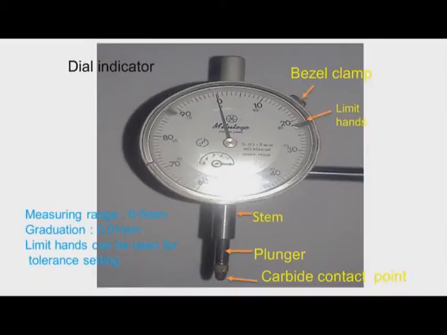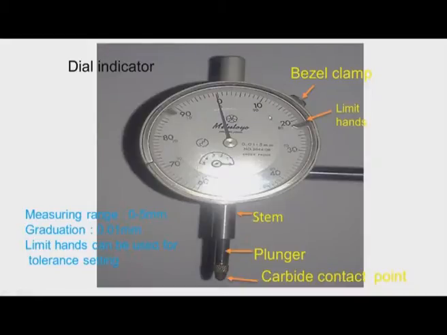This figure shows a commonly used dial indicator. I can see the various parts of the dial indicator. This is the bezel and bezel lock, and this is the dial. We have a bigger dial and a smaller dial.